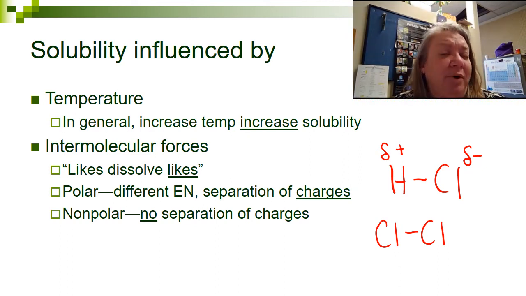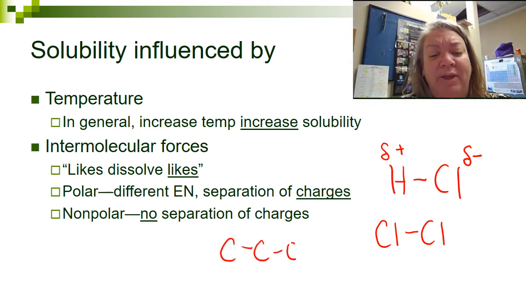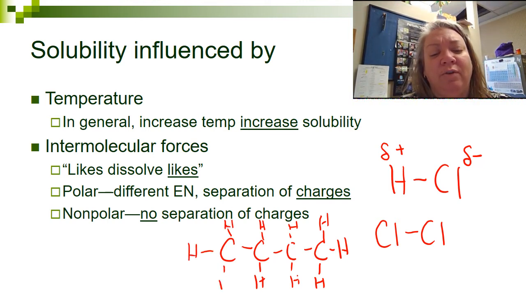The other nonpolar substance that we talk about a lot is carbon, organic compounds. So remember, this is going to have carbon and a whole lot of hydrogens. Well, it turns out that carbon and hydrogen like the electrons about the same. There's no overall net pull one way or the other. So that's also considered to be nonpolar.